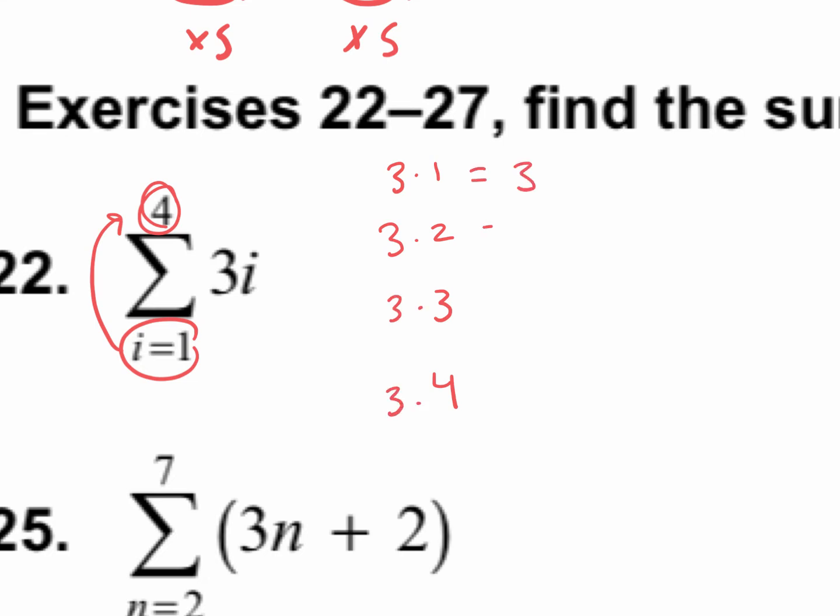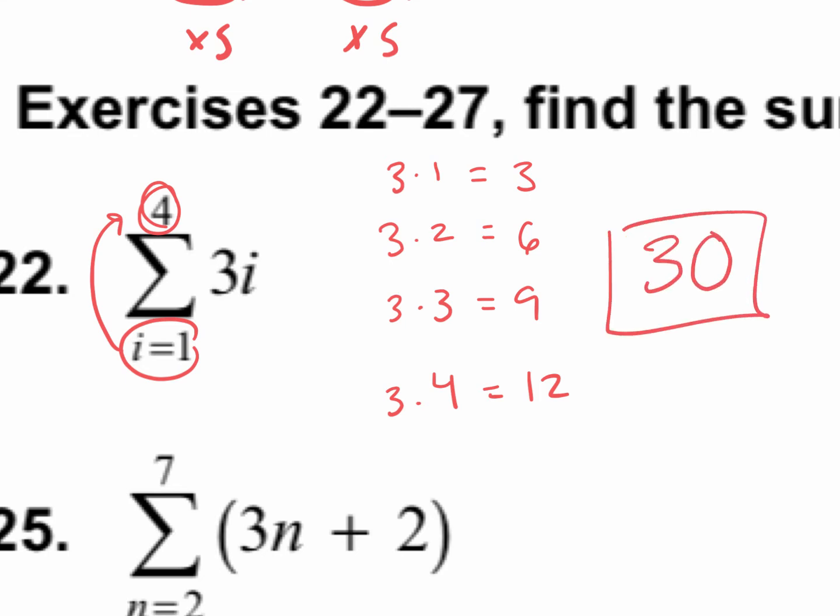So this would be 3, 6, 9, 12, and then we just add them all up. So 3 plus 6 plus 9 would be 18, plus 12, this would give us 30. So whenever you have the summation, that just means you add.